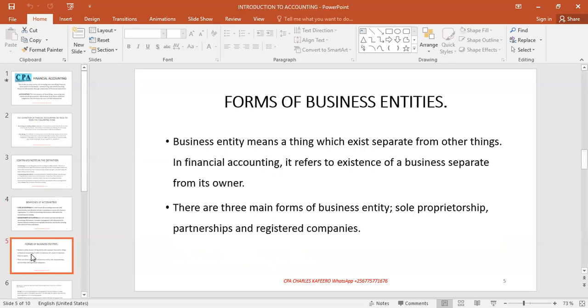In financial accounting, it refers to the existence of the business separate from its owners. Since in financial accounting we are only dealing with businesses and the transactions they do, a business is supposed to be separate from the owner.